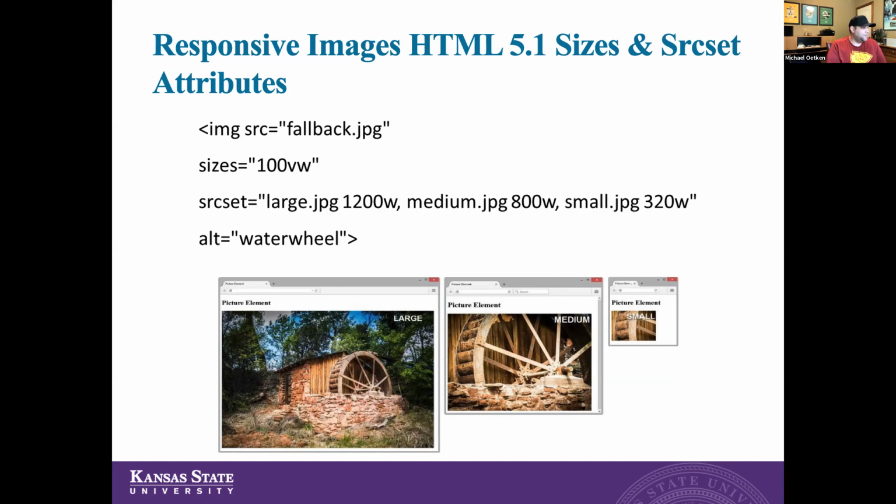And then in that srcset, we can add in each of our versions, that small, medium, and large JPEG. And then we just add in the width value for the browser window that's tied to each of those. So the first one, we load at 1200 pixels wide. For the medium, we load that at 800 pixels wide. And then if we're loading it up on a small screen, like 320 pixels, we'll load that small JPEG.